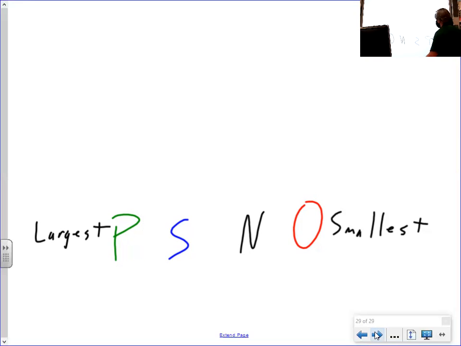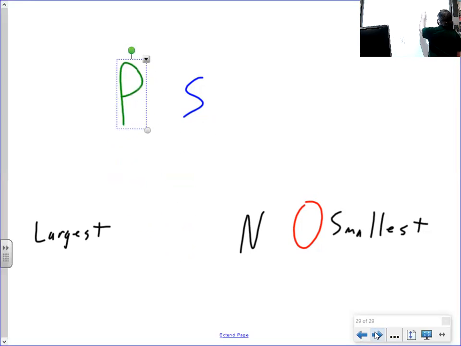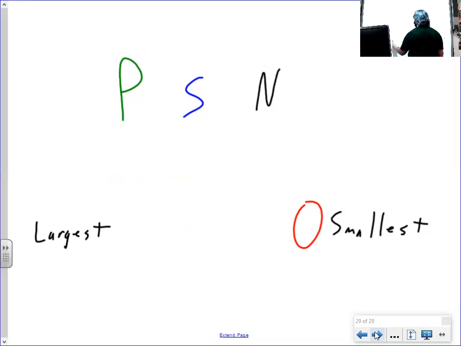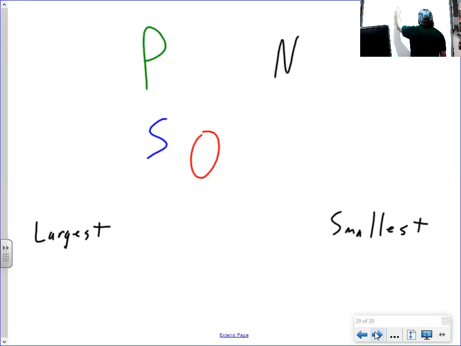Looking at electronegativity, let's use the same ones. Oh crap, I'm going to pull apart my phosphorus. I have to rewrite it. Choose the same ones for electronegativity. Just kind of scatter them about, so I'm not letting you know where they are.